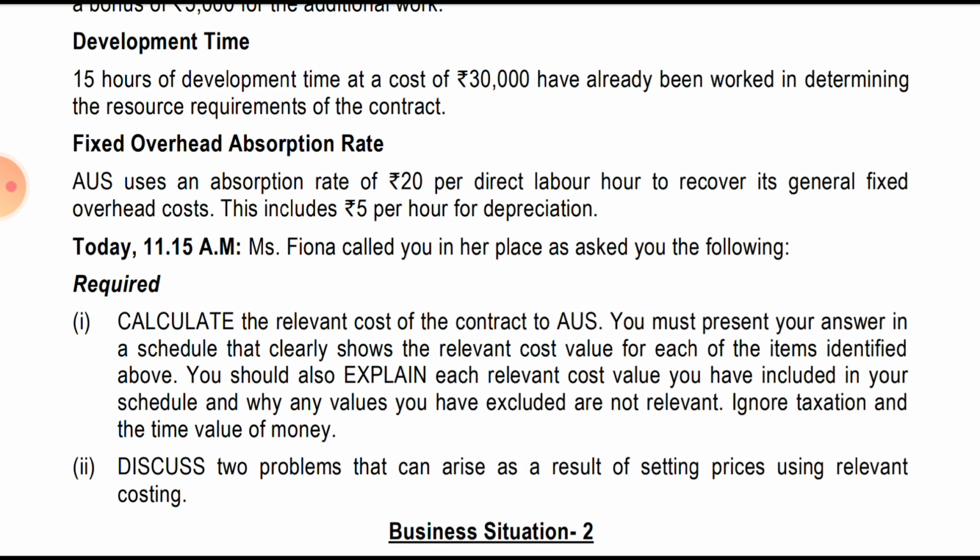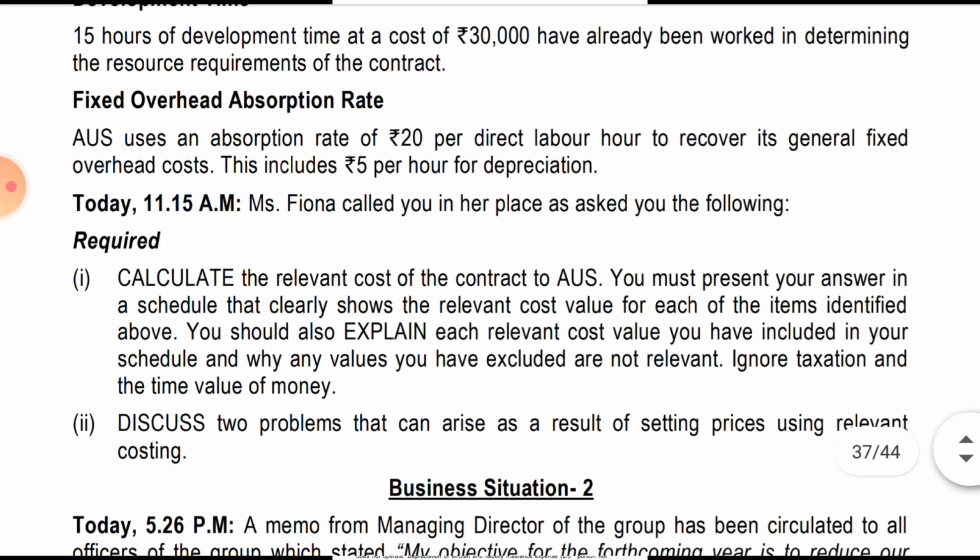If fixed overhead cost is given and it relates to marginal cost decision making, whether we have to go with the expansion or the proposal or not, in every sum you have to ignore the allocated fixed cost or the fixed cost absorption rate.